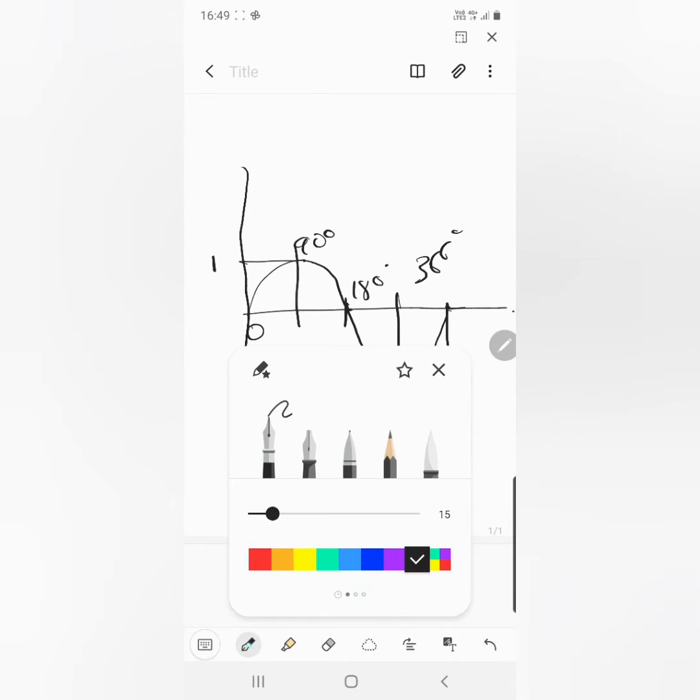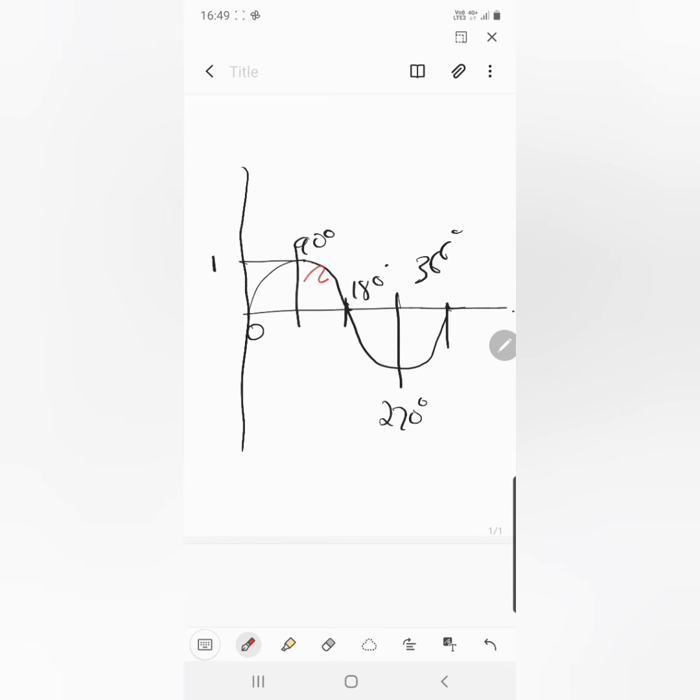So sine 90 degrees is 1. So the value of sine, the sine curve, trigonometry, from 0 degrees goes all the way up to 1 at 90 degrees, comes down to 0 again at 180 degrees, and goes negative until it becomes -1.